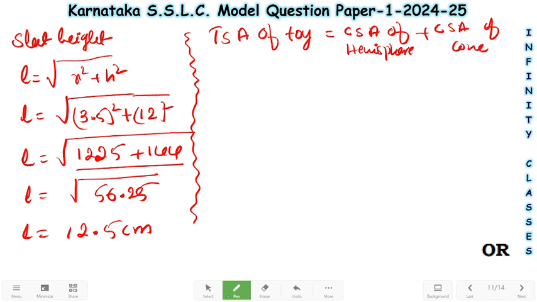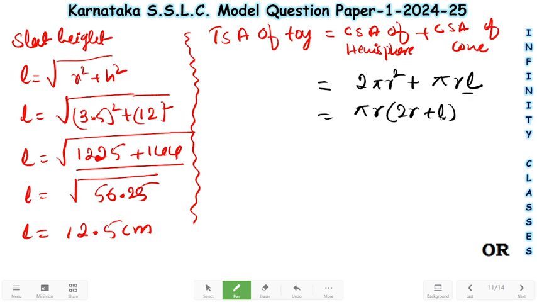Curved surface area of the hemisphere is 2 pi r square, and curved surface area of the cone is pi r l. Pi r is common here, so 2r remains in the first part, and L remains, plus L.